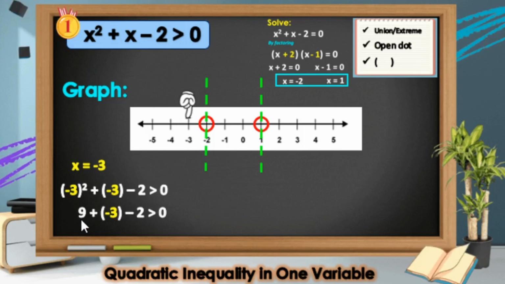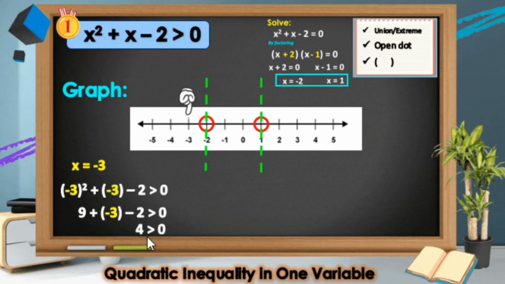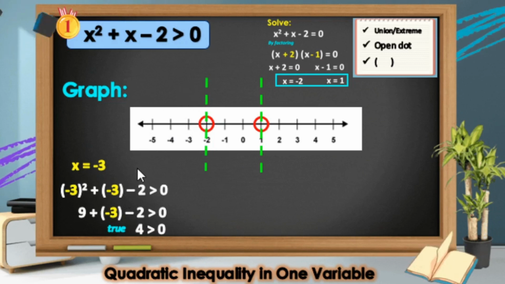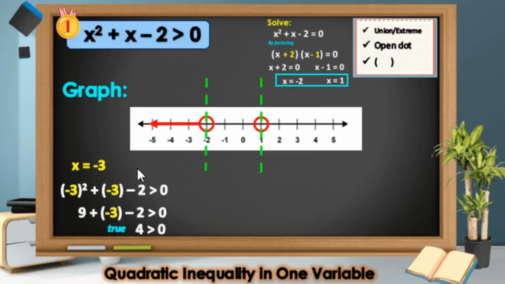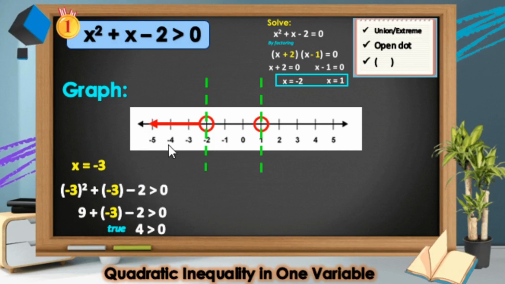So, therefore, 9 plus negative 3 minus 2 is 4, is greater than 0. So, is 4 greater than 0? Yes. So, therefore, true. Nag-true dito sa region na to. It means, i-shade natin tong region na to. So, negative 3, negative 4, negative 5, negative 6, and so on and so forth are part of the solutions na itong ating given inequality.